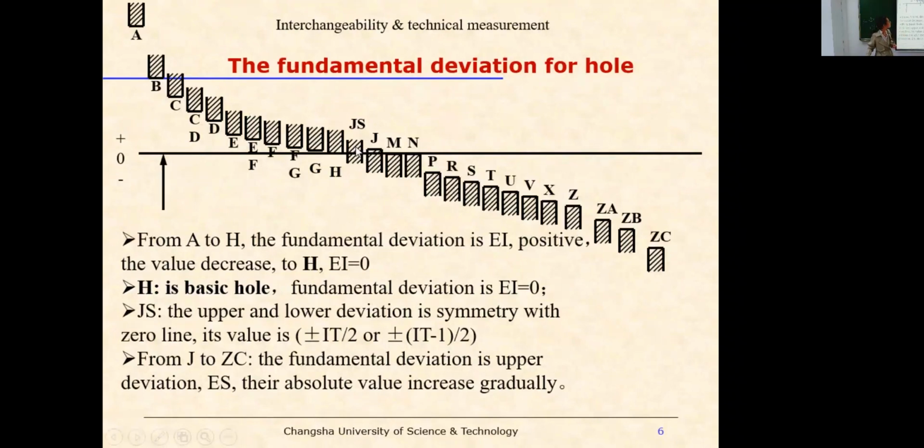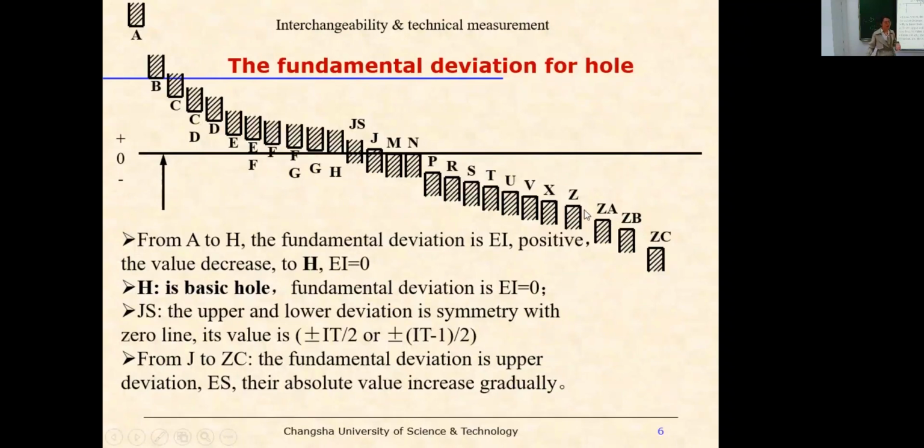So this is the special JS, JMN. So the PRSTUWZC, this is the EI. So from A to H, it is up and larger than 0. So this is EI, right? Yeah. So this PRST is the ES, the deviation.